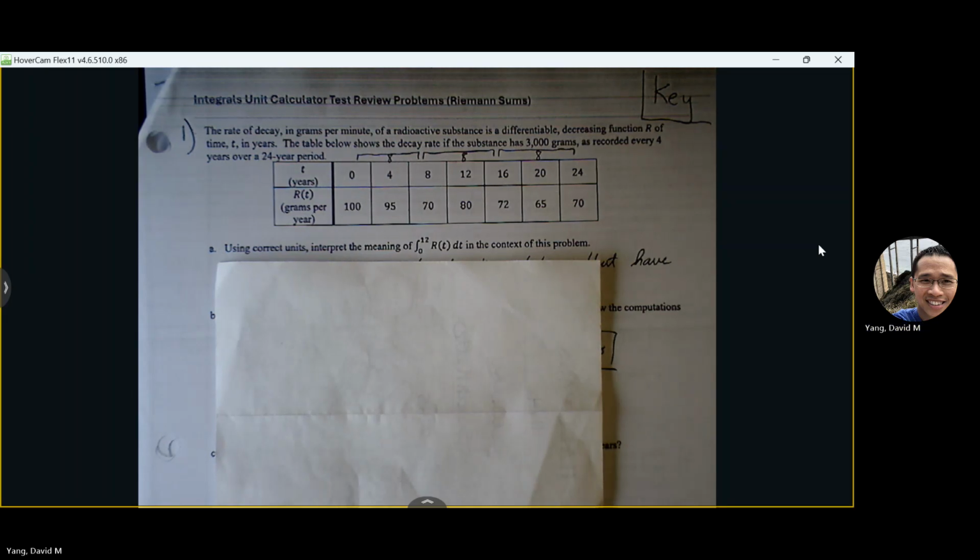It says the rate of decay in grams per minute of a radioactive substance in a differentiable decreasing function R is given.